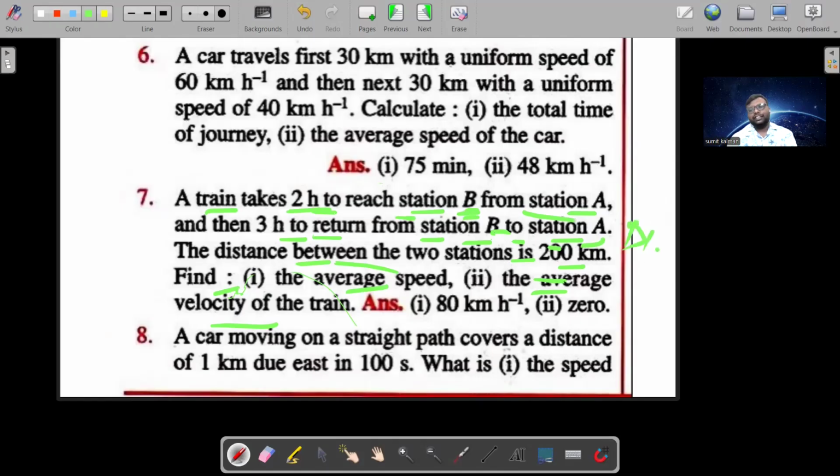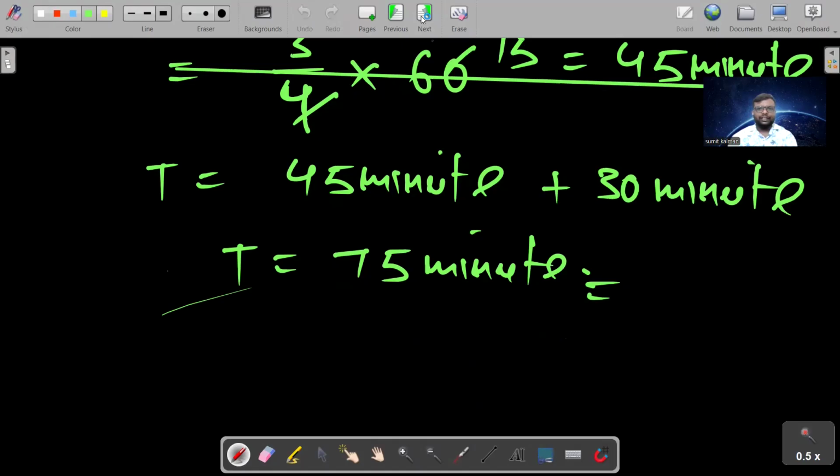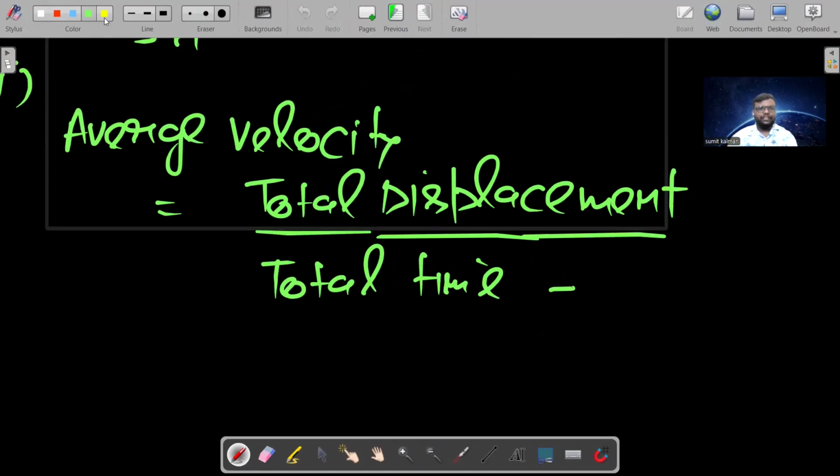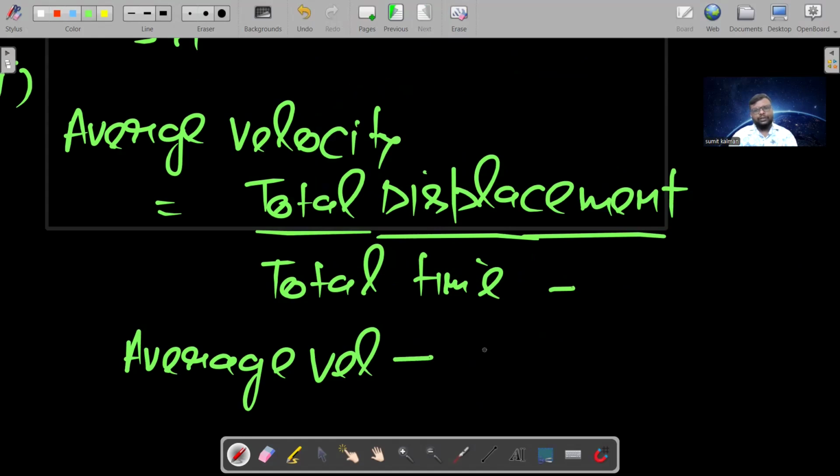So here displacement will be how much? It will be 0. So students, if your displacement is 0, then what will happen? Your average velocity will come out to be 0. So this is the solution of this.